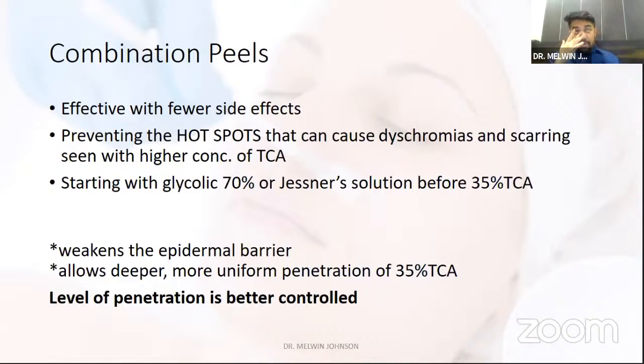Okay, so I have experienced issues with even 10% peels. A TCA peel can give you a rash or a red spot, or it can even lead to hyperpigmentation. What is hyperpigmentation?